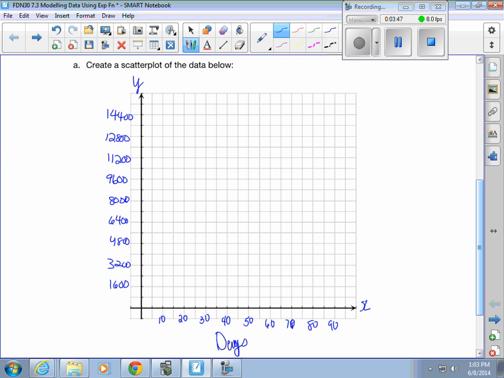So at day 0, we were at 200. If 800 is the first tick mark, then 200 is going to be pretty close to the starting point. At day 15, we were at 400. So that's halfway up there. Day 30, we were at 800. Day 45, we were at 1600.